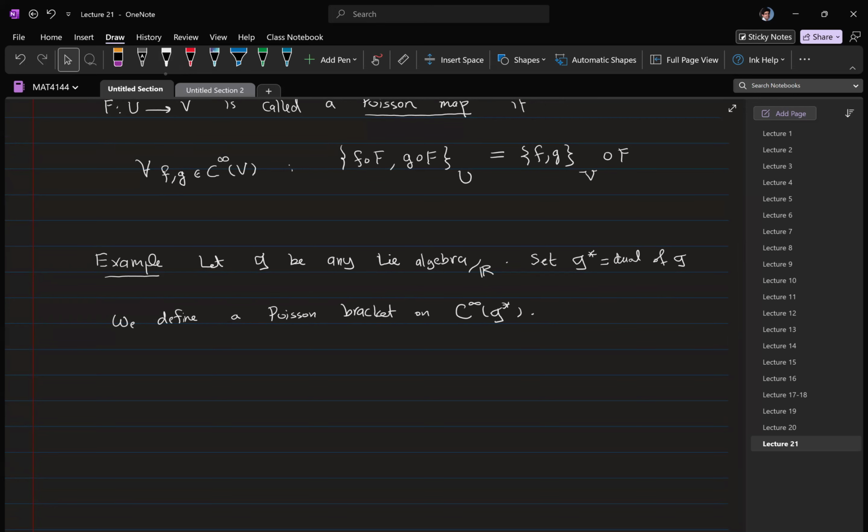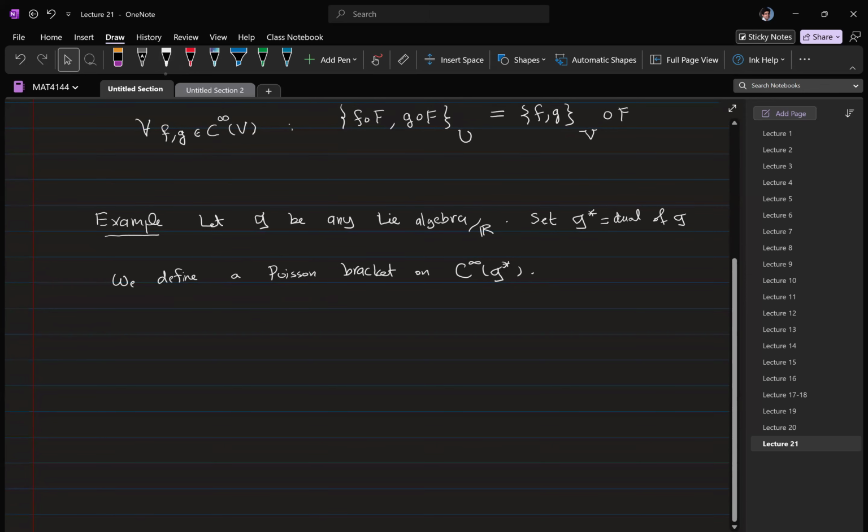So the idea is the following. If I take two smooth functions f1 and f2 from G star to R, what we do is we look at the derivative of these functions.